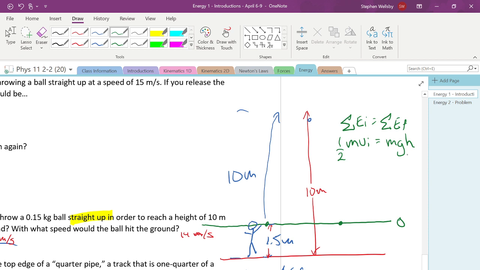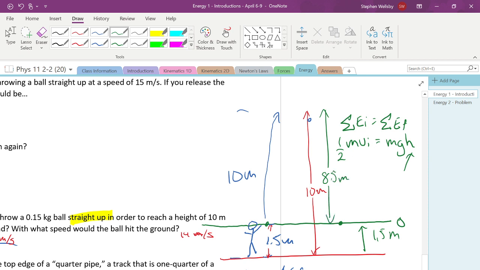And what would this h be for our final potential? Well, it was 10 meters, but now we've shifted the 0 mark up by 1.5 meters, so the difference is just 8.5 meters.